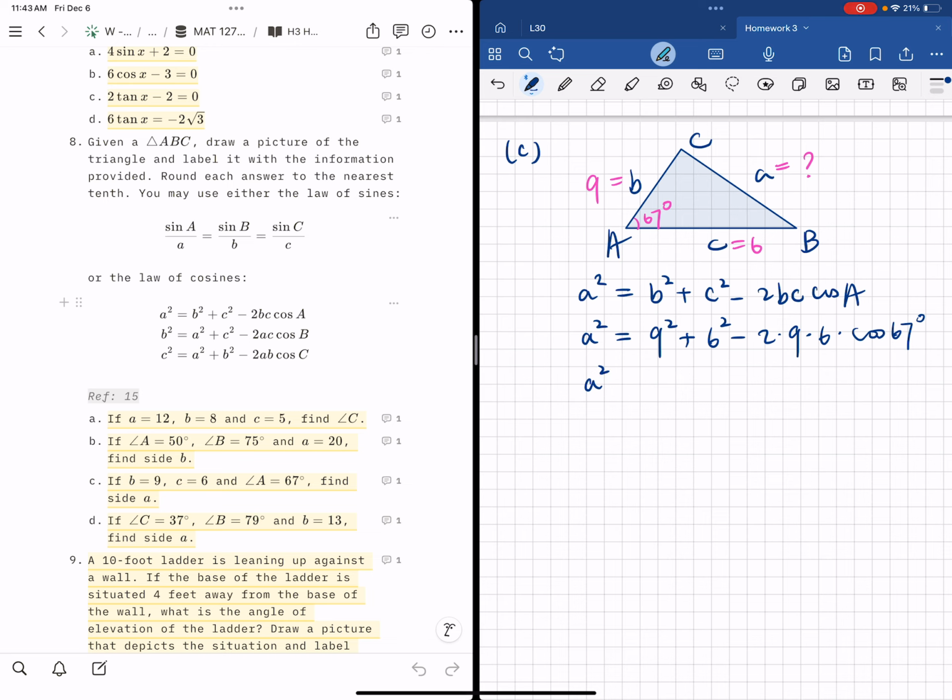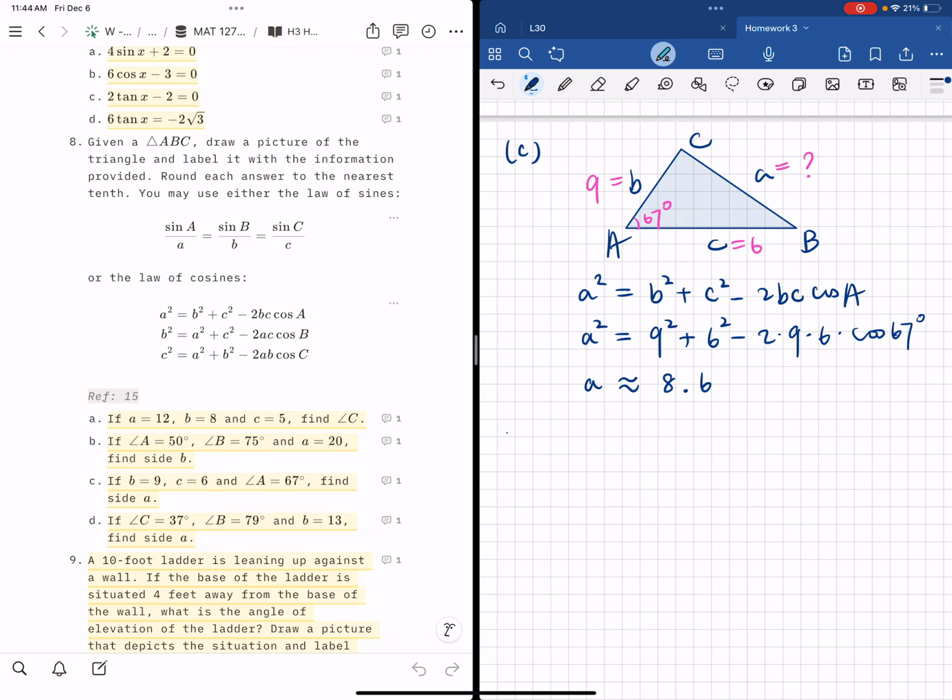And if you do that, it will give you a number. Unfortunately, I don't have that number. My number is actually already simplified, so I'm just going to give you the final answer. So once you get the number on the right hand side, you're going to take a square root, and that will give you the value of A, which is approximately 8.6. And let's see if that's right. Yeah. So make sure you actually do the calculation and verify that you can get the answer.